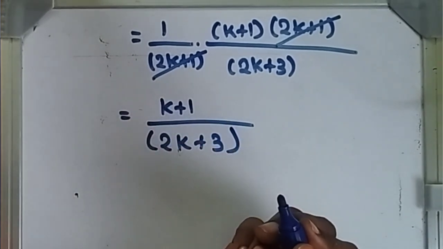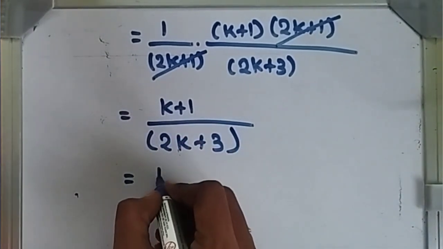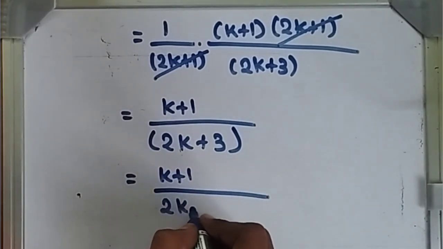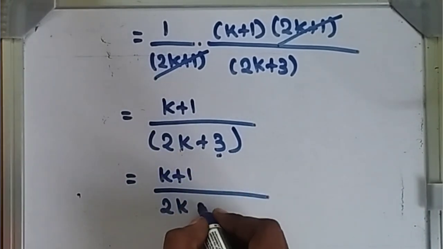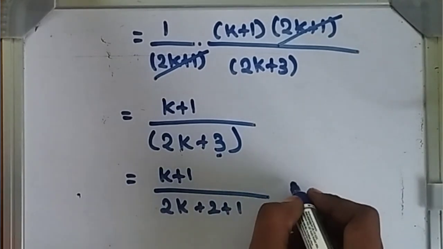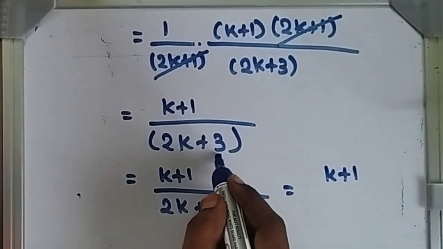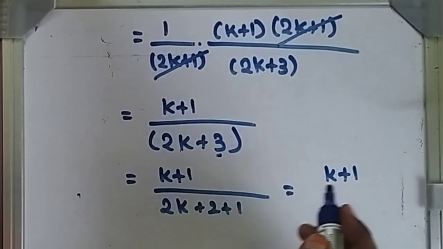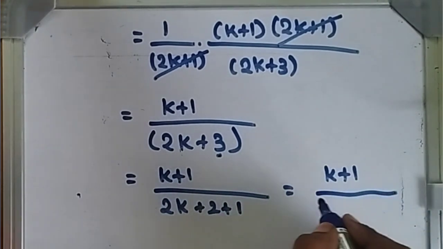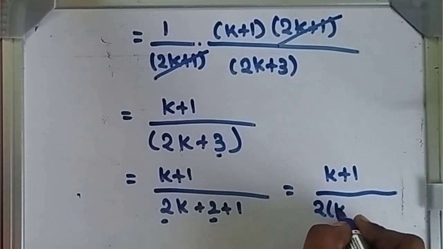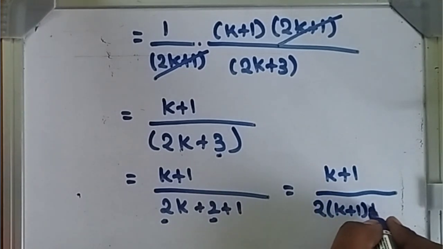Clear? Clear. Now I am again rewriting this equation: k plus 1 divided by 2k plus 2 plus 1. Right? I am writing this 3 as 2 plus 1. So now I am taking this 2 in common, so it will become 2 multiplied by k plus 1, plus 1.